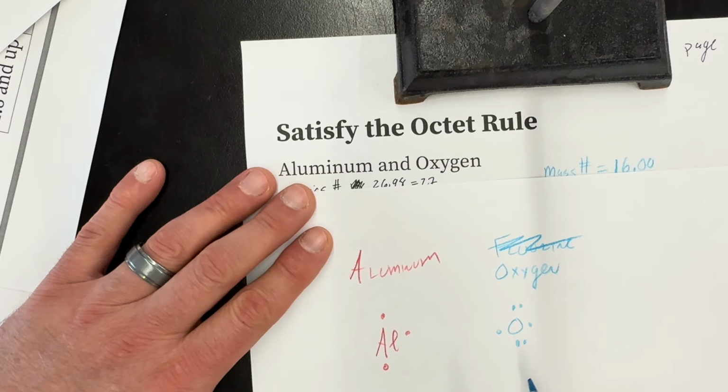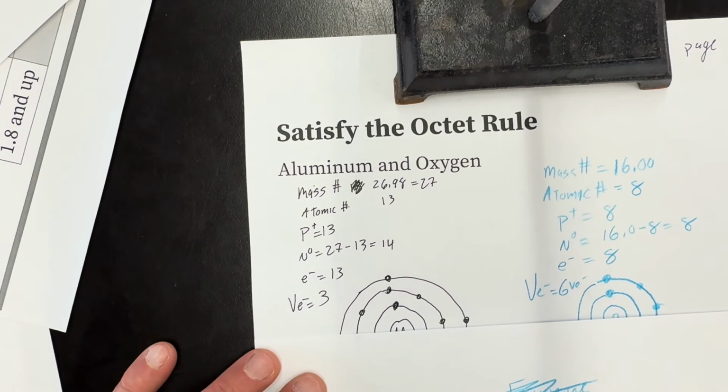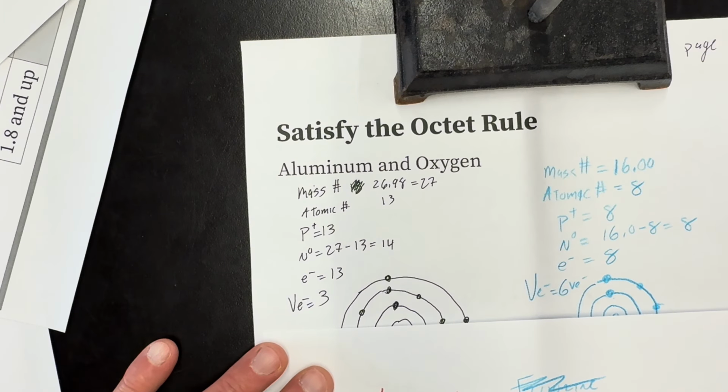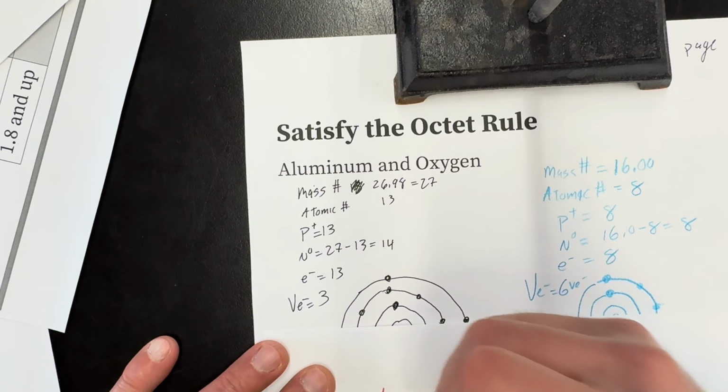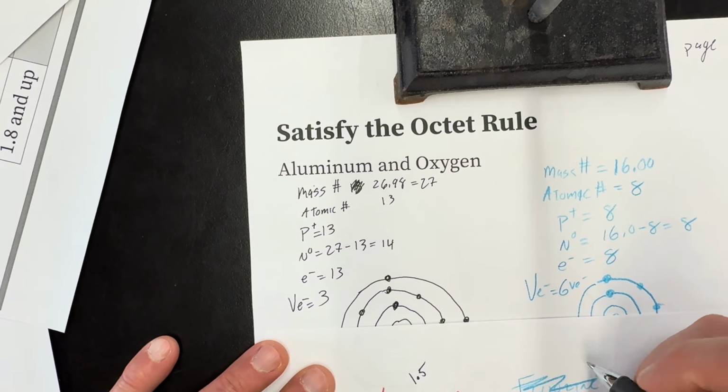Okay, and so if we go back to the electronegativity values, which is something that we need to think about here, aluminum's electronegativity value is 1.5, and oxygen's electronegativity value is 3.5.